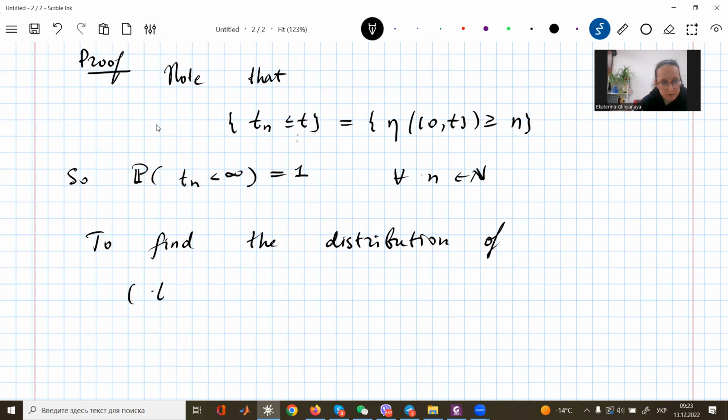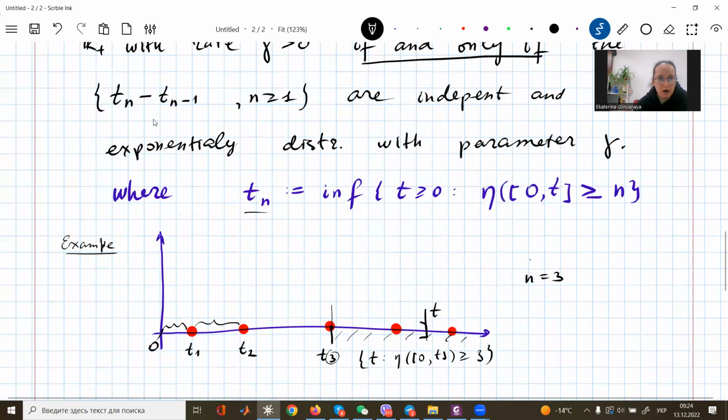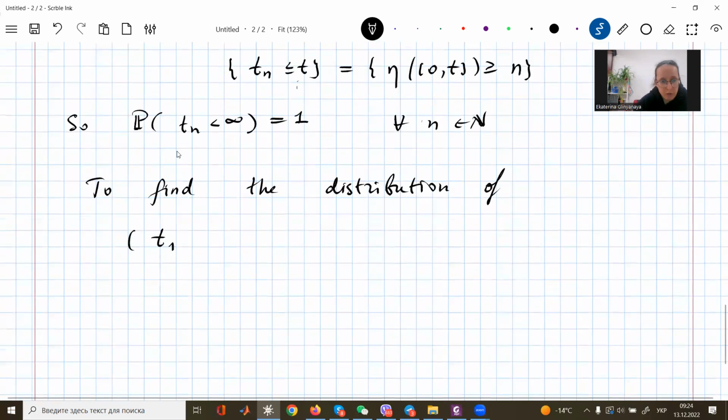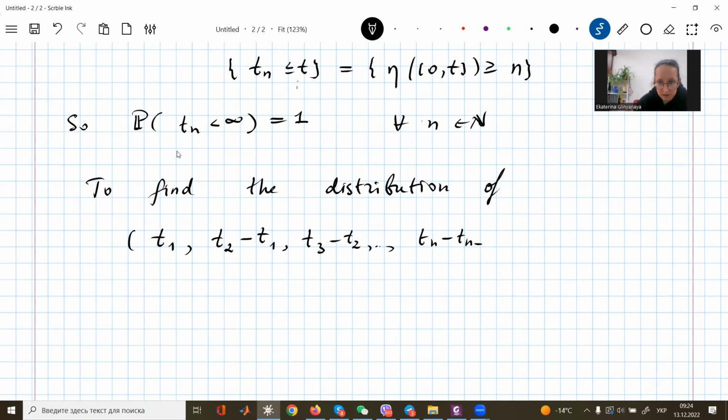So what do we have? T1. Here T0, I didn't write. Let me write here T0 is equal to just 0. So the first, T1 minus 0, is just T1. And next I consider the difference, T3 minus T2, and so on, Tn minus Tn minus 1.